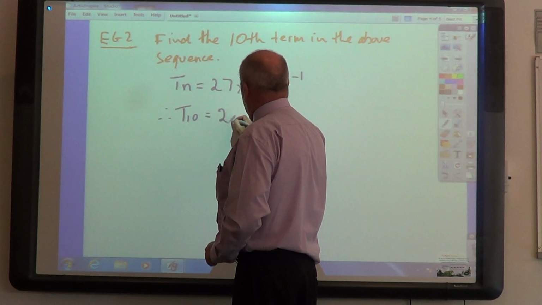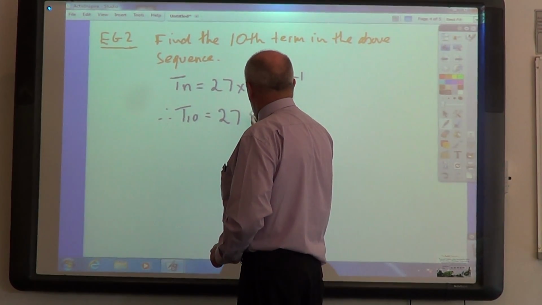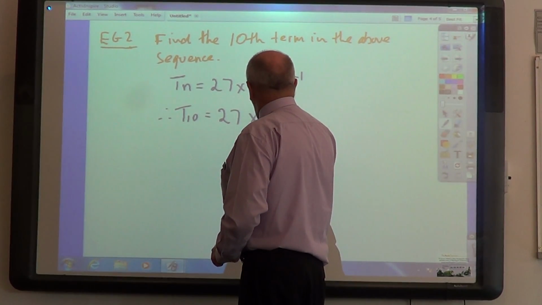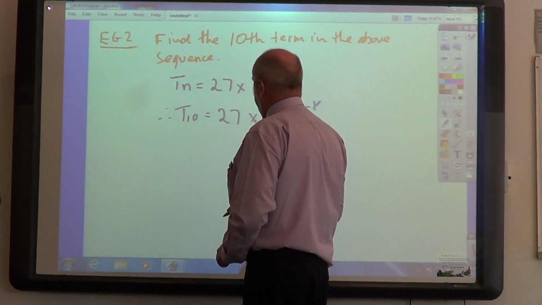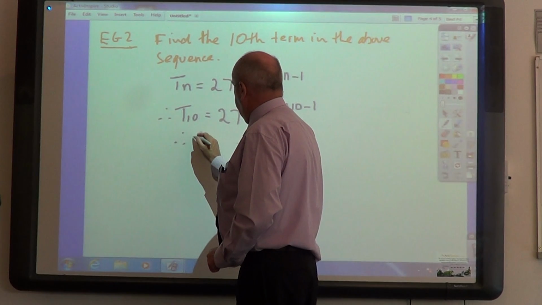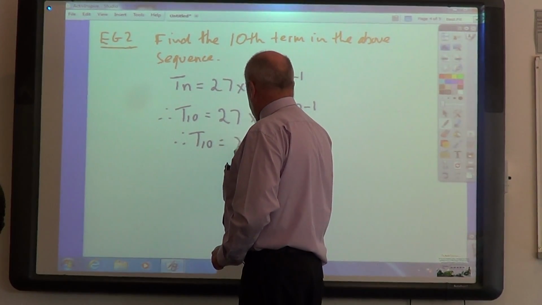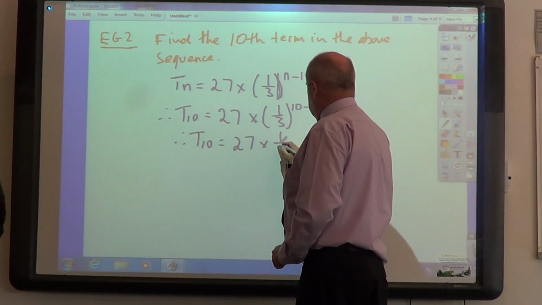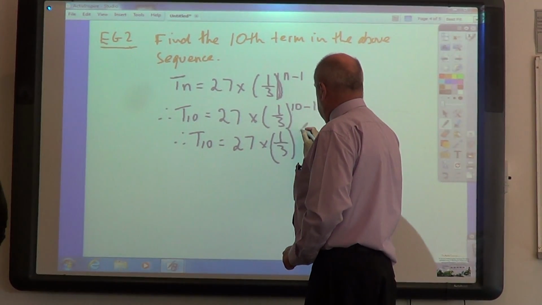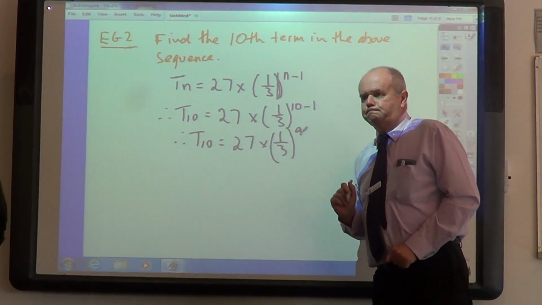So 1/3 to the power of 10 minus 1. Therefore, the 10th term is a very small number. Now you've got to be careful when you're raising fractions to powers.